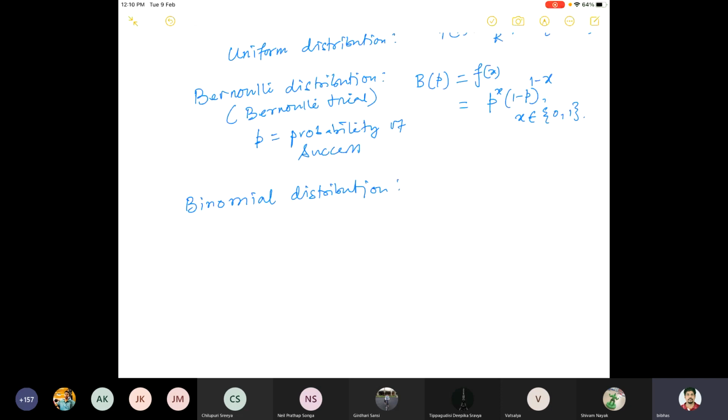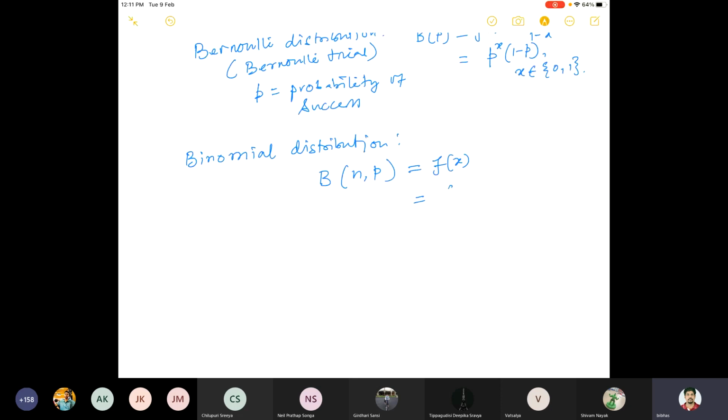So some people write it like b(n, p). This is the corresponding mass function, or the distribution function, which is nCx p to the power x (1 minus p) to the power (1 minus x), and x can take the value from 0, 1 up to n.